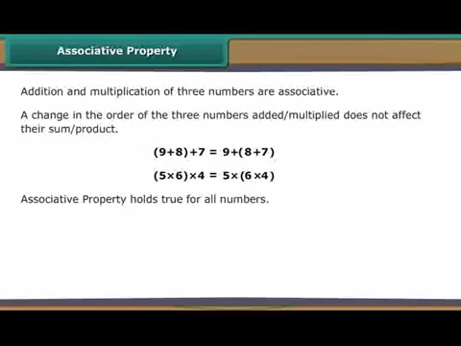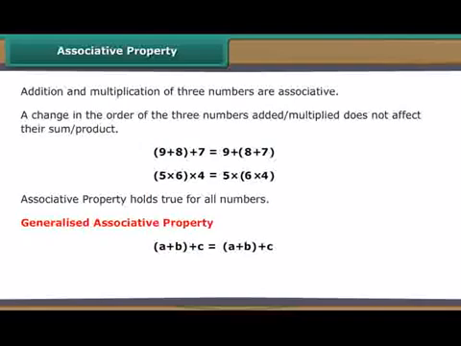We can therefore generalize it with variables as bracket starts A plus B bracket closes plus C is equal to A plus bracket starts B plus C bracket closes. Bracket starts A into B bracket closes into C is equal to A into bracket starts B into C bracket closes. Distributive property. Look at this expression. 5 into bracket starts 8 plus 9 bracket closes.